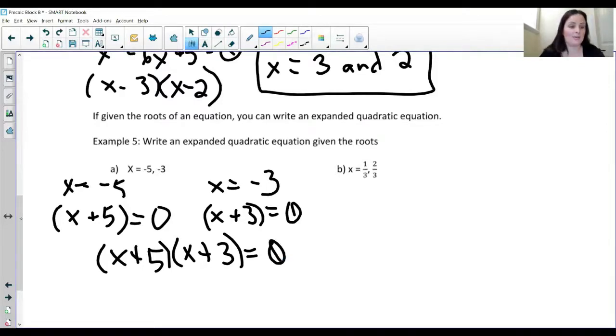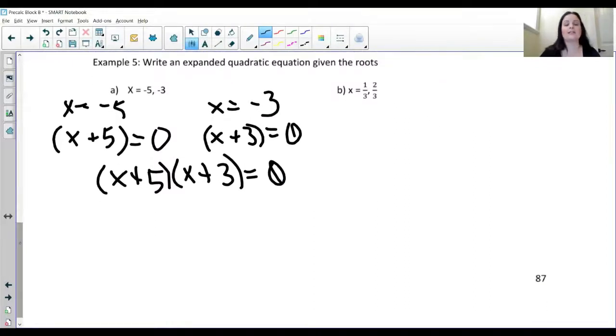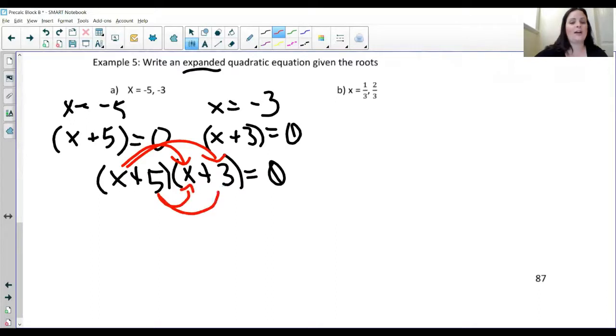You could stick any coefficient you want in front of that factored form of the quadratic. But why? It's not asking you to do that. It's not asking you to have a certain compression or expansion. So don't make it more difficult for yourself. And now it says it wanted an expanded quadratic, so no factors. So now I'm going to do x times 3, 5 times x, and 5 times 3.